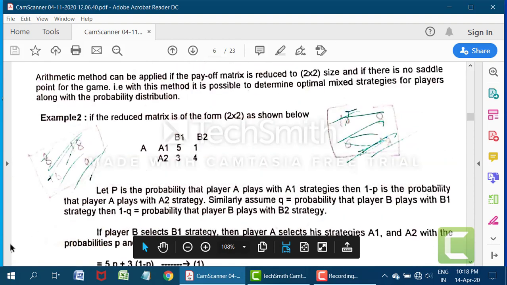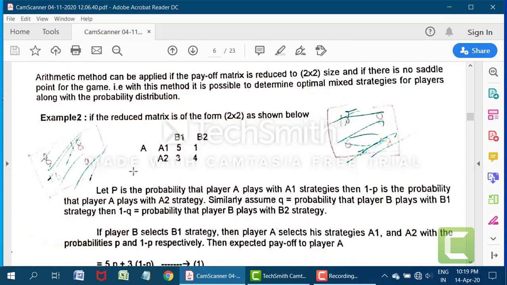The expected payoff to player A when B plays B1 is 5 into P plus 3 into 1 minus P. You know that expression. That is multiplied by the probability that B is going to select B1, which is not certain but has a certain probability, say Q. So 5 into P plus 3 into 1 minus P, whole expression into Q.